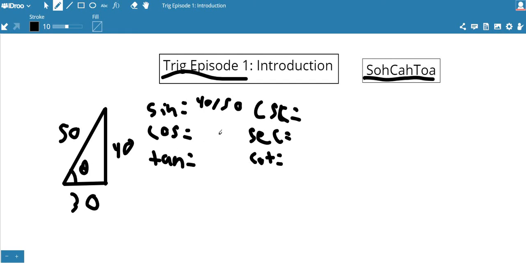And cosine is adjacent over hypotenuse, so it's 30 over 50.